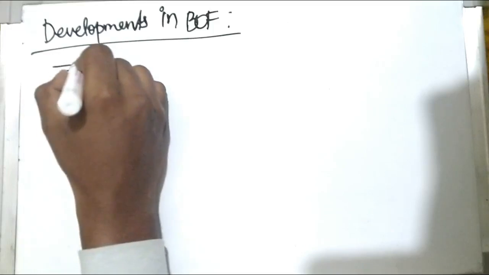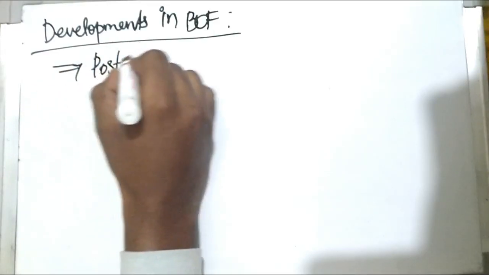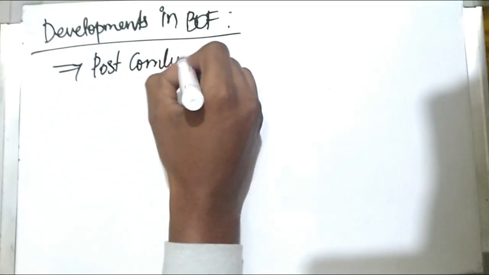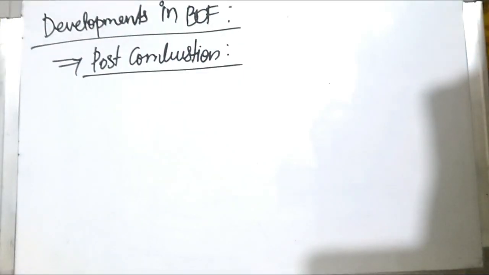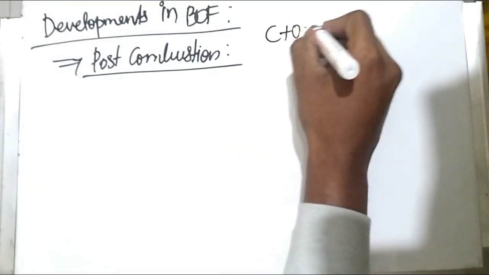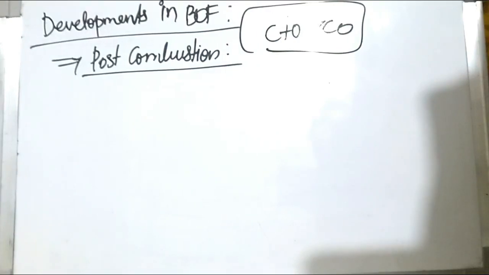The first one is post combustion. As we know, CO gas is produced on the removal of carbon in steel making. This is the reaction, right? C plus O gives rise to CO, in which the carbon is removed.